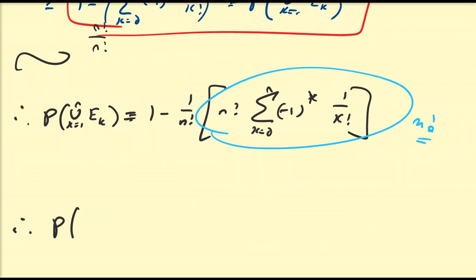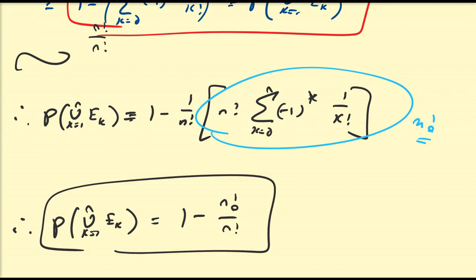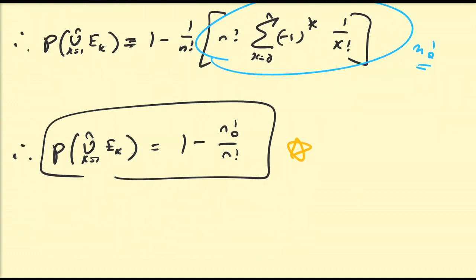So that means the probability of our event, or the general event, is equal to 1 minus n subfactorial over n factorial. This is a beautiful compact relationship. So therefore, in our particular example, n is equal to 5.